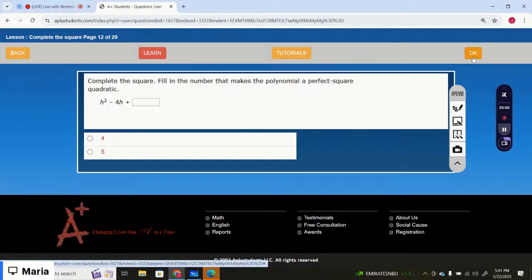Complete the square. Fill in the missing number that makes the polynomial a perfect square.